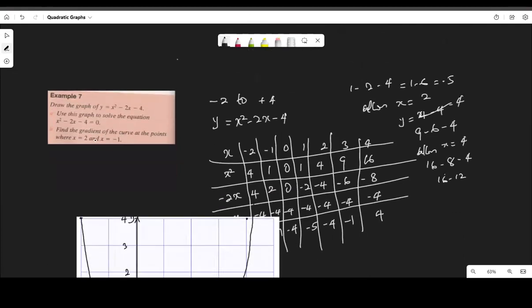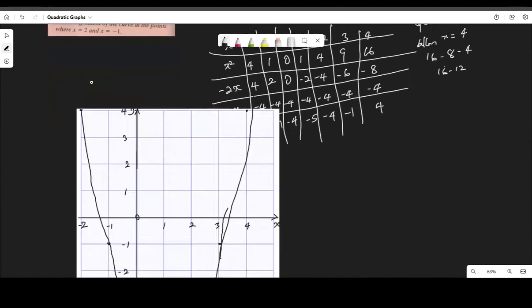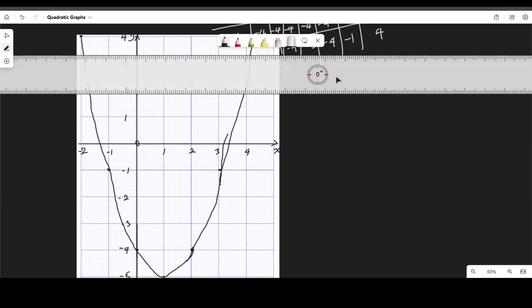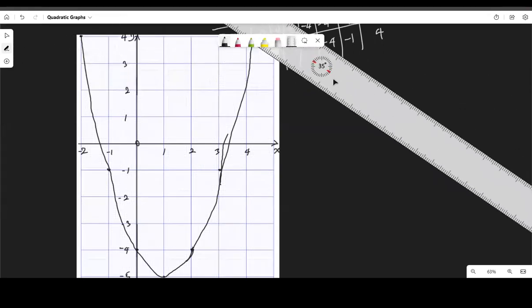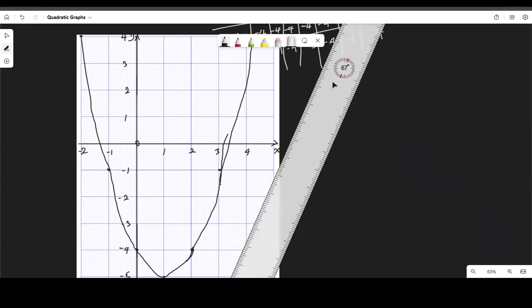Now the question says find the gradient of the curve at the point x equal to 2. At the point x equal to 2, you mark here is a point, so you put a straight line with your ruler. Though this curve is not smooth enough, we're supposed to be able to capture that point exactly.